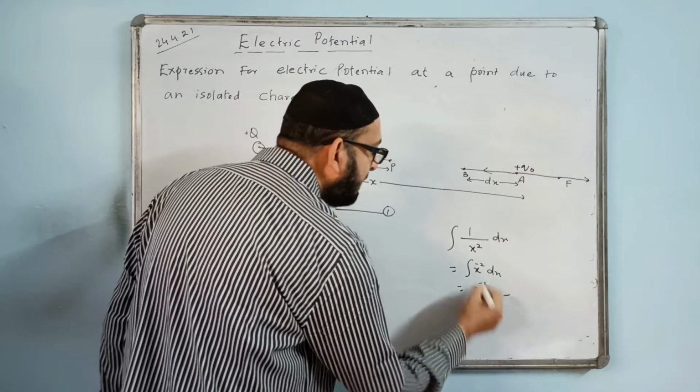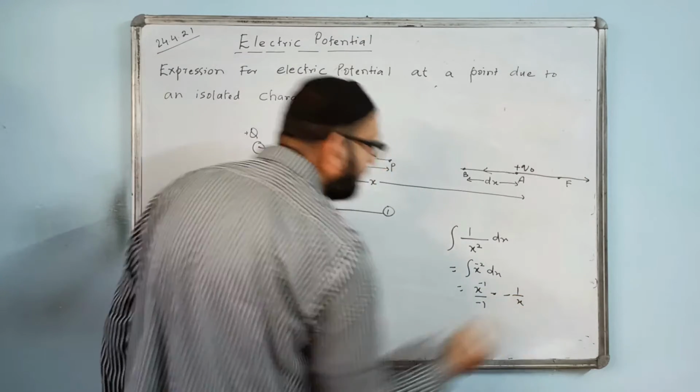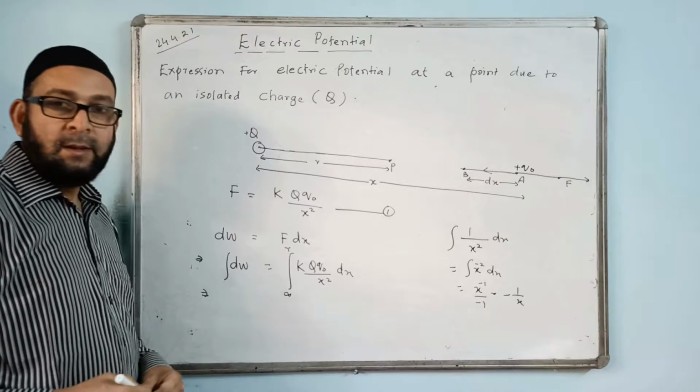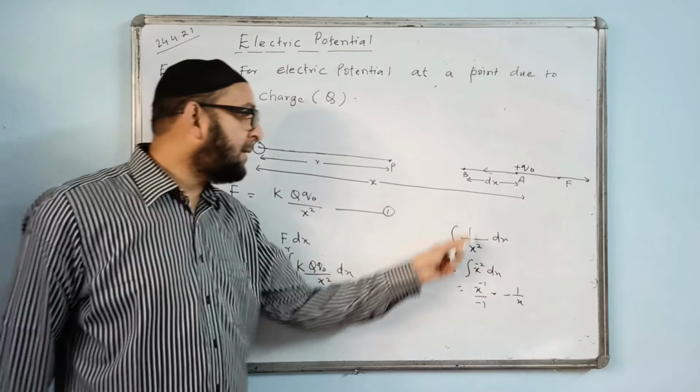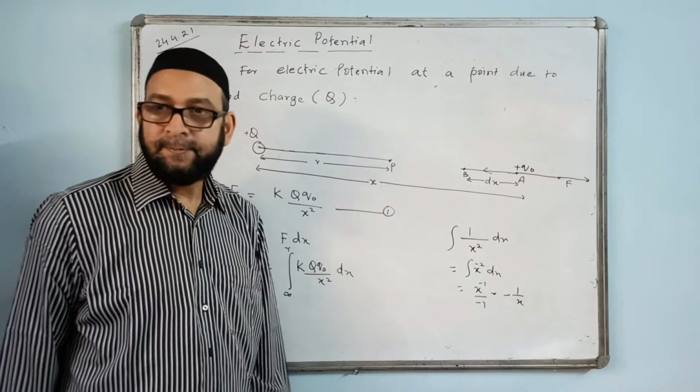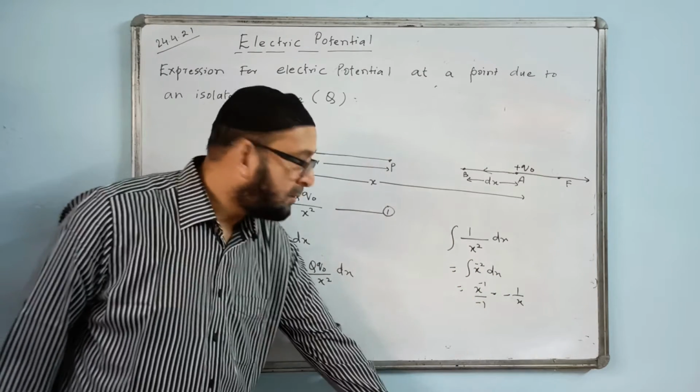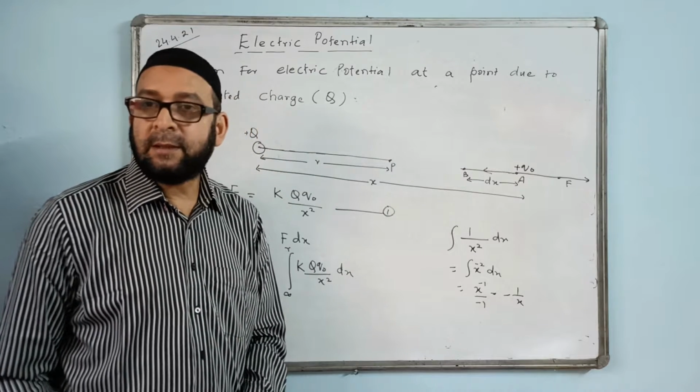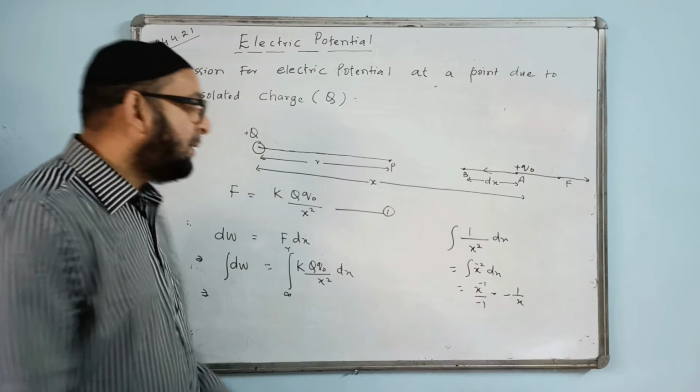This minus goes down to give minus 1 by x. So remember, the integration of 1 by x square dx is minus 1 by x.